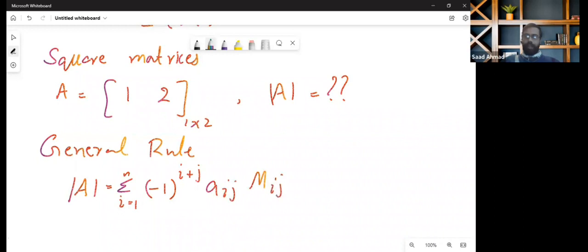Let me tell you what a_ij and M_ij are. a_ij is the entry, like a11, a12, a13. Let's say this is a11, this is a12, a13, this is a21, a22, like that.